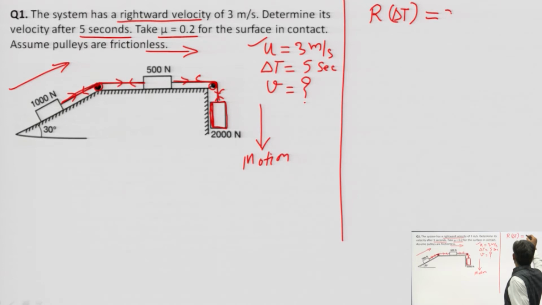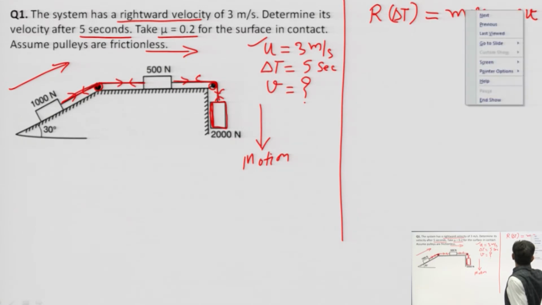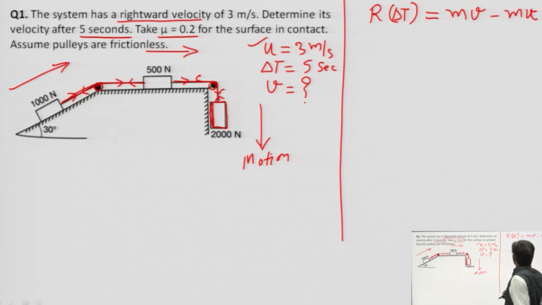The change in momentum means mv minus mu. U is 3, V is not known, it needs to be calculated.